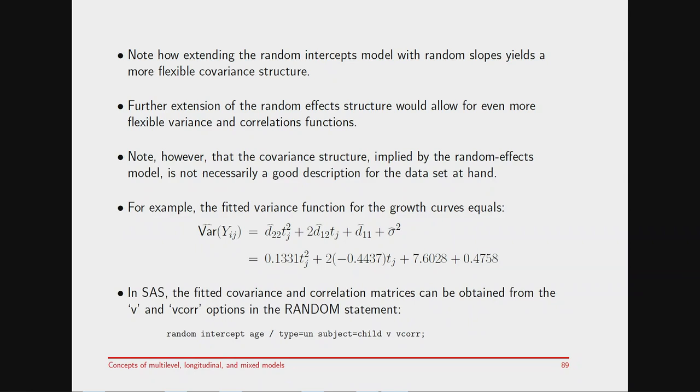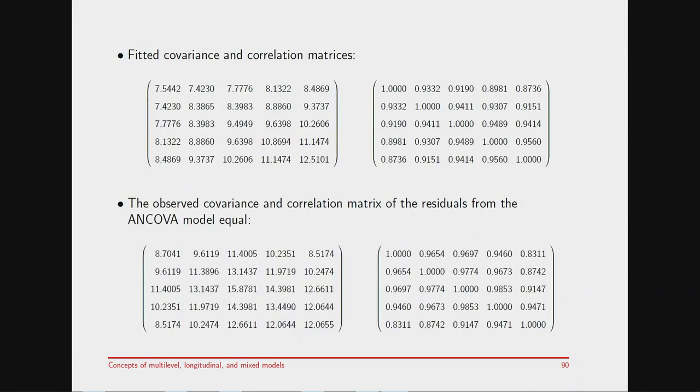So just to show that, for the growth curves, the fitted variance function of y is just D22 times t squared, 2 times that covariance times t, and then the constant term. I now plugged in here all the estimates that we had obtained, and I can then have the fitted variance function.